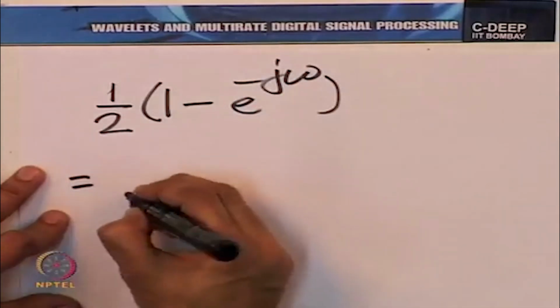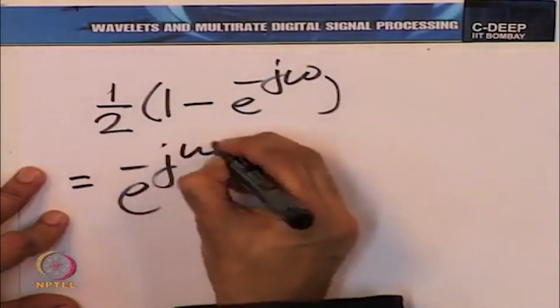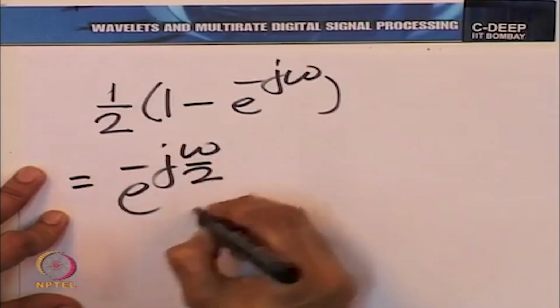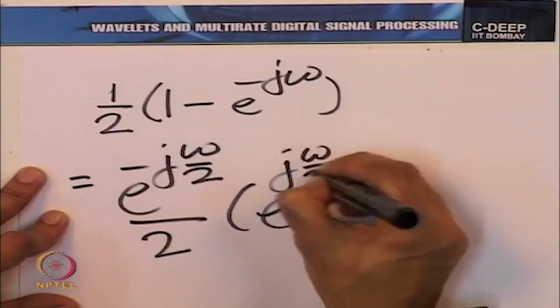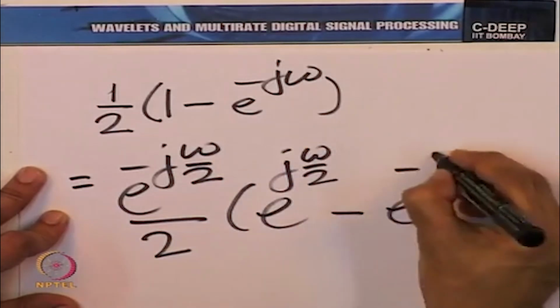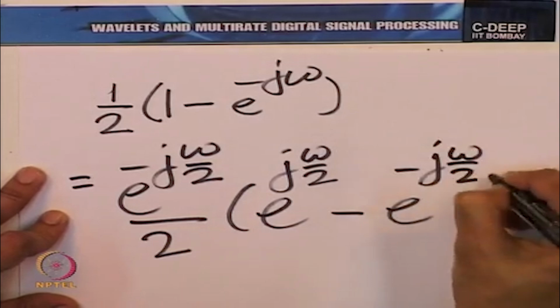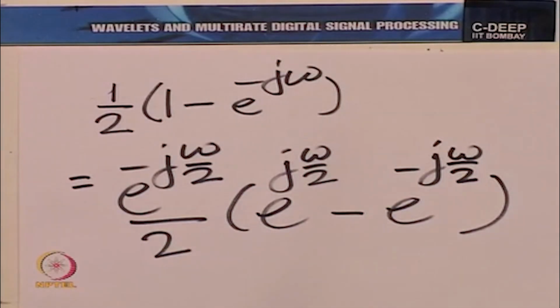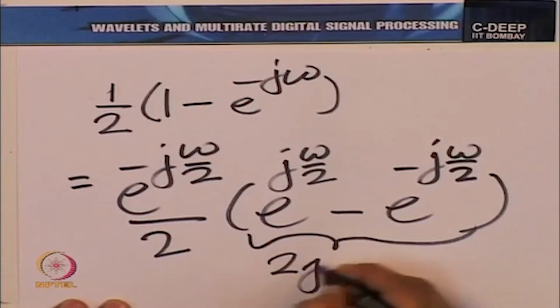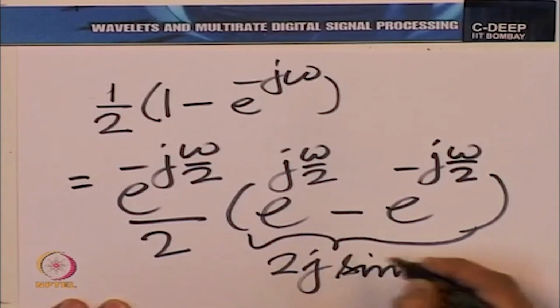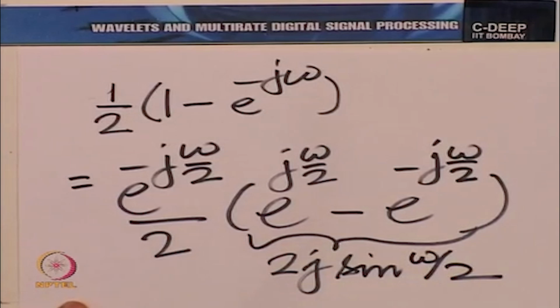We take e raised to power minus j omega by 2 common, and we have e raised to power j omega by 2 minus e raised to power minus j omega by 2. And once again one can recognize this is essentially 2 j times sin omega by 2. So, now I can simplify this, put it all together.